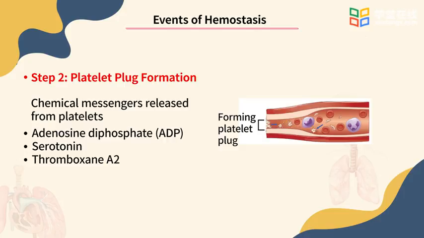But what if the injury is more serious? The fact is, platelets are never as strong as they could be and need reinforcement to complete the clotting process. So the third stage of hemostasis begins.